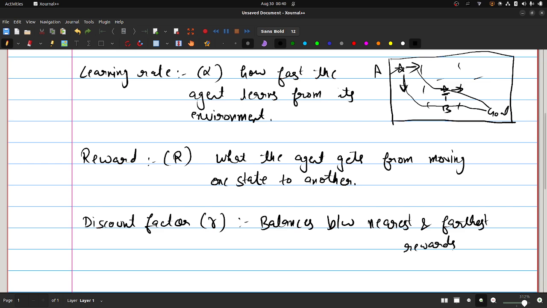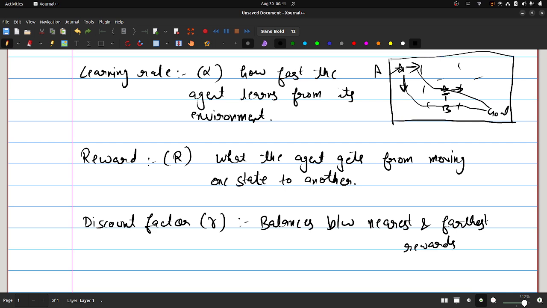The agent may be more greedy towards the near rewards it gets from one state to another, but being more greedy will not be the optimum case. The agent may not get the immediate reward, but in future it will attain more rewards. We will see this once we go through a use case.